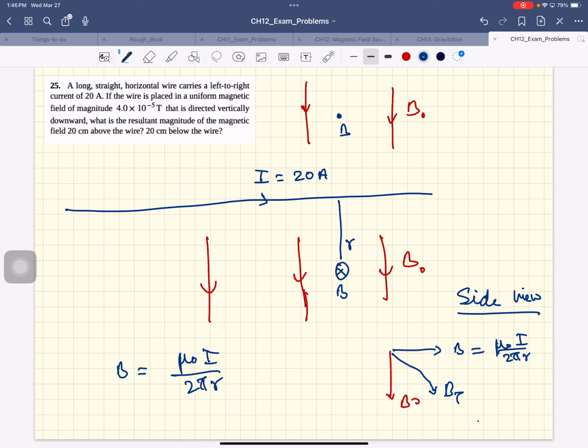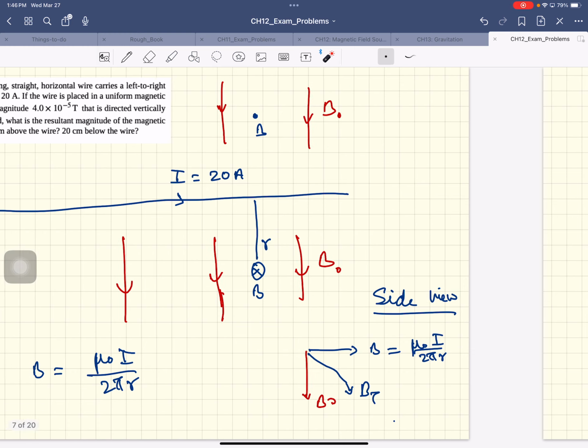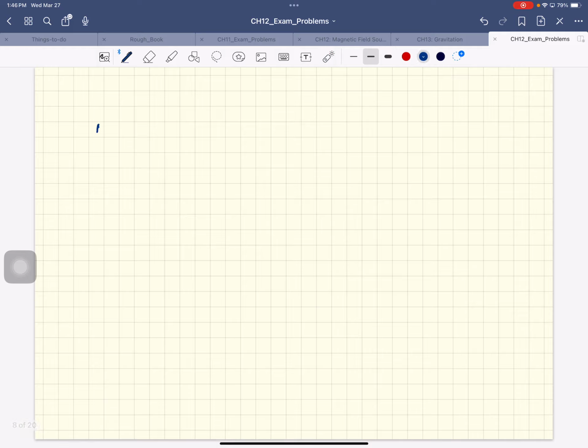So let's calculate B first, and then we can calculate this magnitude, just using the Pythagorean theorem. So let's calculate this B. B is mu naught I over 2 pi R. Mu naught is 4 pi times 10 to the minus 7 Tesla meter per amp.